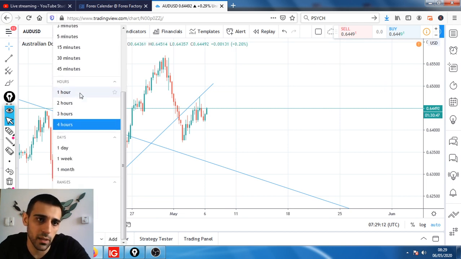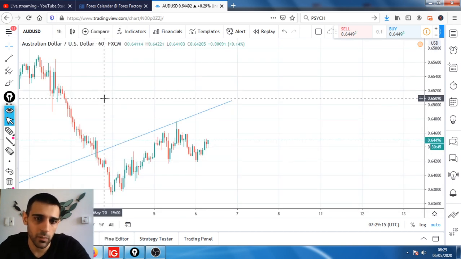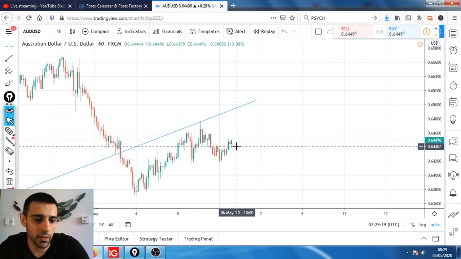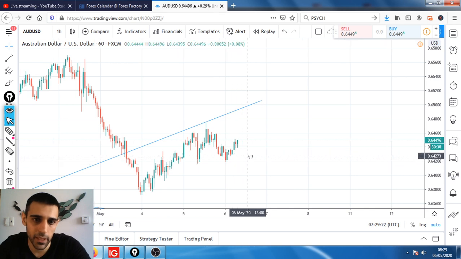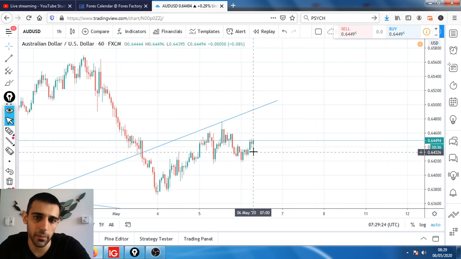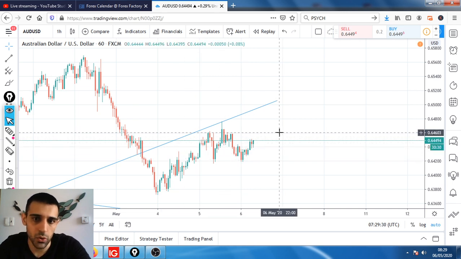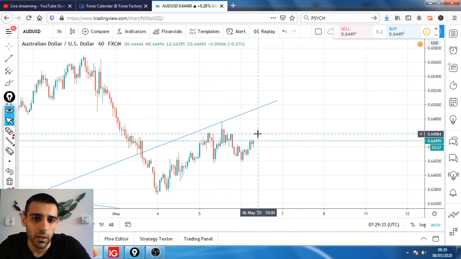Let's go to the 1-hour time frame, to see if we have a clearer view in here, because on the 4-hour time frame it looks like it's picking up a bit of momentum towards the upside. So I want to make sure that I have a proper setup before I get onto the short side.